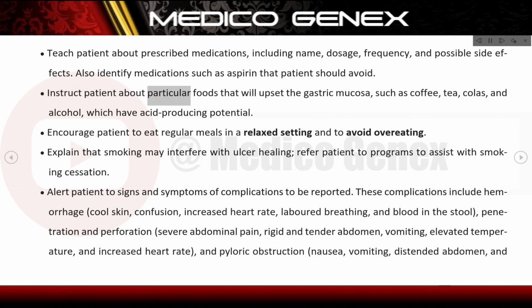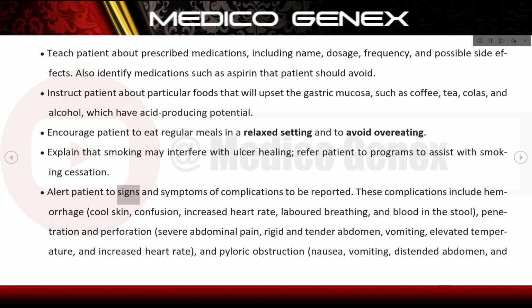Instruct patient about particular foods that will upset the gastric mucosa, such as coffee, tea, colas, and alcohol, which have acid-producing potential. Encourage patient to eat regular meals in a relaxed setting and to avoid overeating. Explain that smoking may interfere with ulcer healing. Refer patient to programs to assist with smoking cessation.